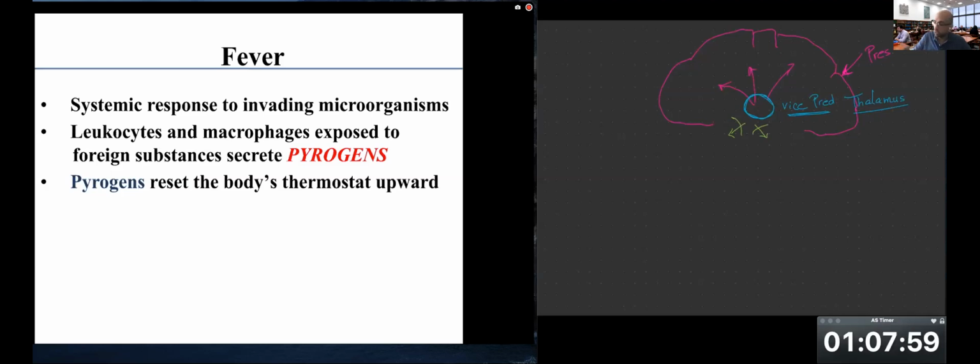So you don't have to worry about regulating your heart rate, regulating your body temperature, regulating the food and water intake, regulating, for example, emotions. All this is going to be taking place in a part lower than the thalamus. This is what we've called the hypothalamus.